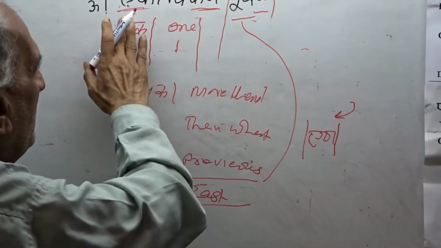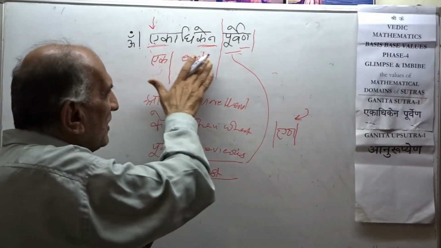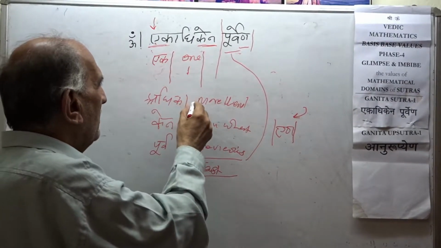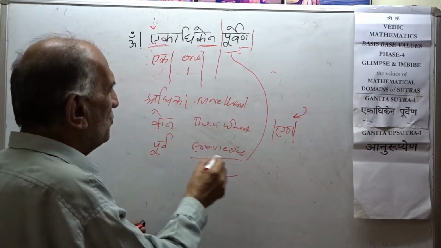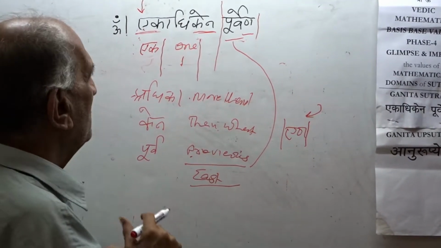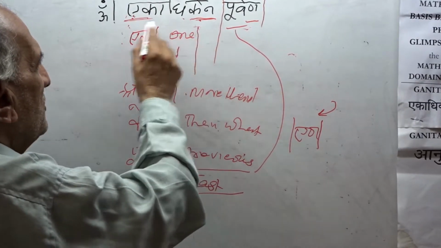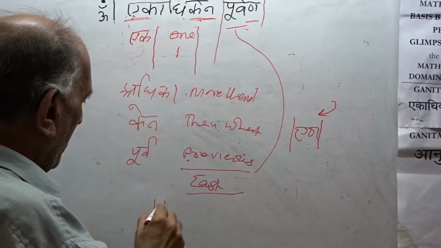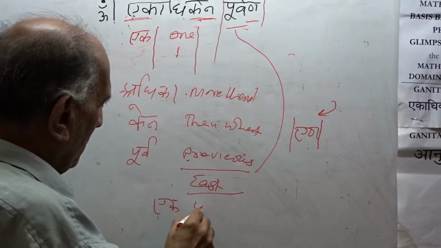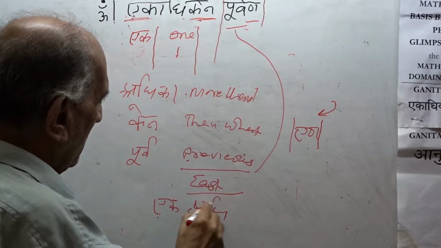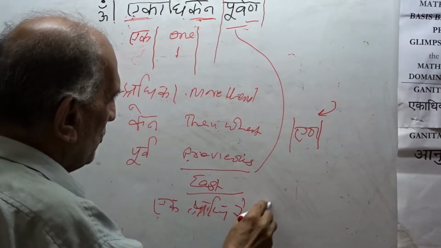Therefore, when we will be chasing this particular composition, we'll be knowing it as one more than what the previous one, the previous bound. One more than what? It is the question. So, eka adhikain purvain, eka adhikain is raising a question.